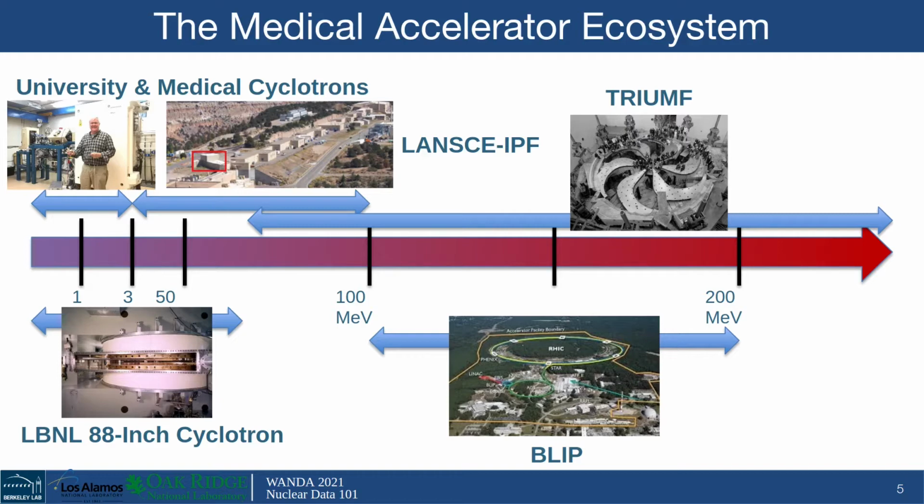Overall, the charged particle ecosystem provides a wide number of different facilities spanning a range of beam energies, beam intensities, and available ion beams to be able to satisfy both the R&D aspect of isotope production, as well as to facilitate production in order to meet clinical and customer demand.